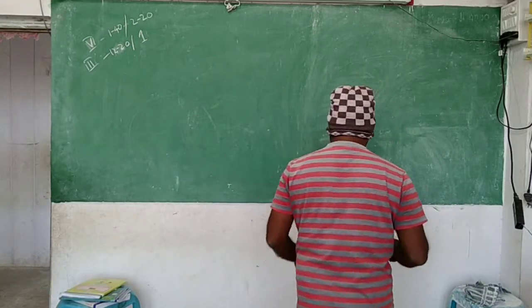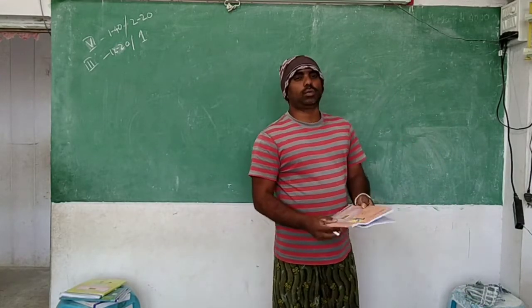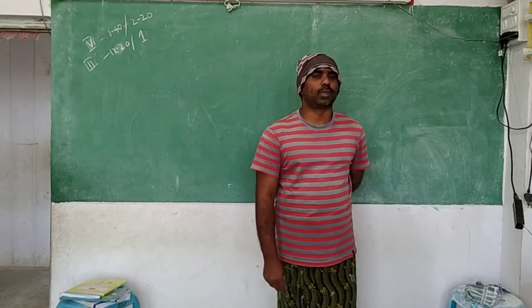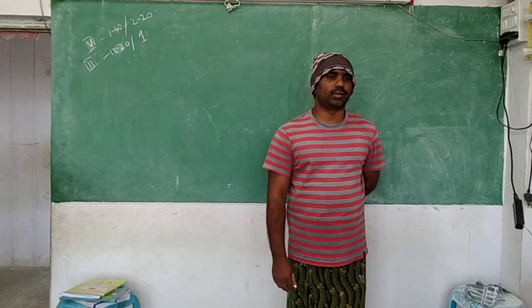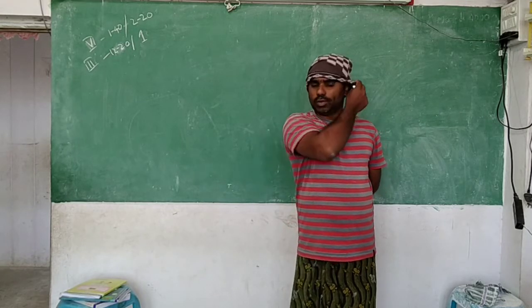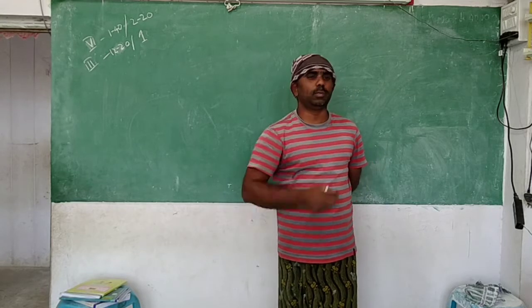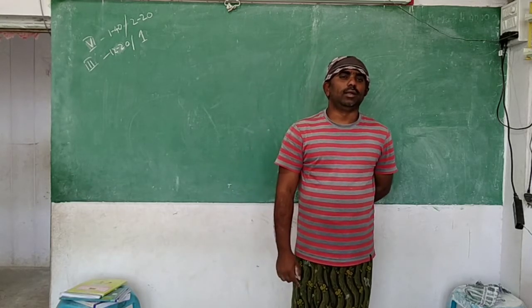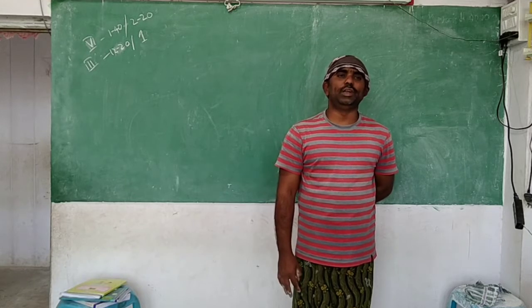Okay, first of all, yesterday I said to you, write the 1 to 10 tables also. Did you learn the 10 tables? I said to learn the multiplication tables. And when should we do the multiplication?